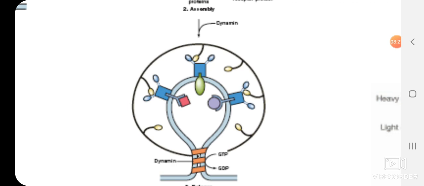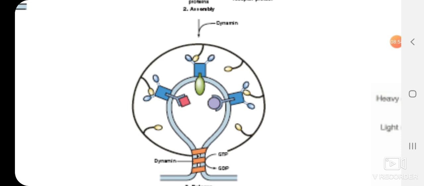What this dynamin is going to do is, it goes and starts polymerizing at the neck of this particular pinching membrane. So this particular dynamin forms a helical oligomer which wraps around the budding membrane and squeezes this particular region down to a very thin tube.